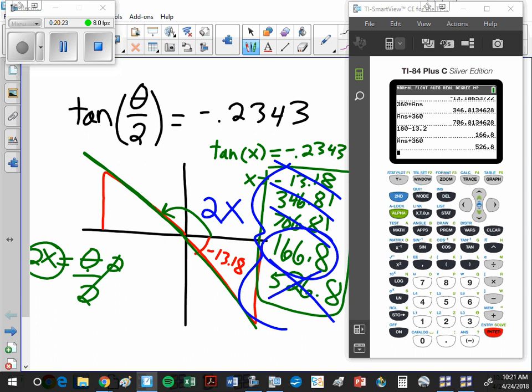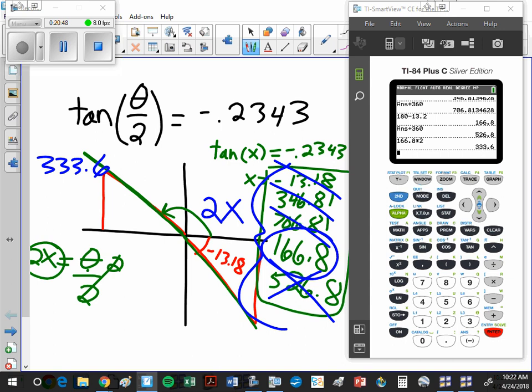Does that help a little bit? Right. So the answer is 166.8 times 2. It's going to be 333.6. That's our answer.